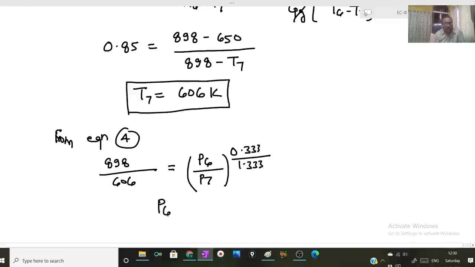So from here the value of P6 by P7 comes out 4.83, and this is the pressure ratio in high pressure turbine.